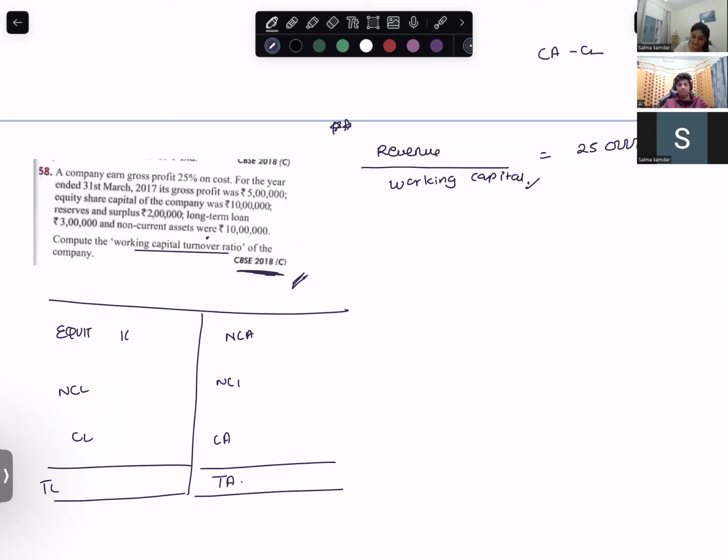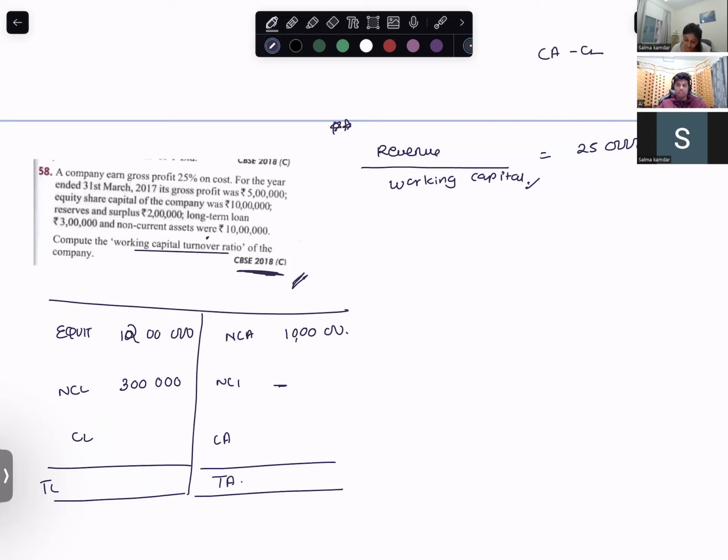Equity of the company is how much? 10 lakh. And reserves and surplus is 2. So I will make the total equity as 12. Long-term loan is 3 lakh. Non-current assets is 10 lakh. They have not given me any information about the non-current investments.